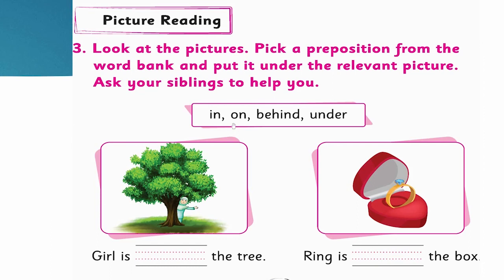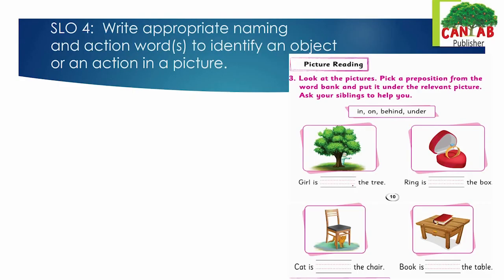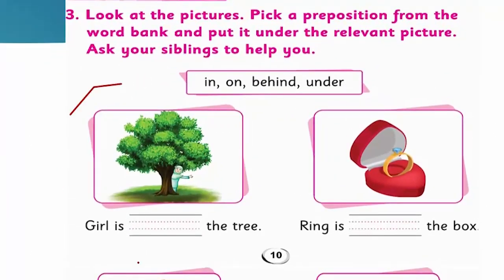The words given inside the box are in, on, behind, under. There's a girl, there's a ring, there's a cat, there's a book. All of these pictures, you have to identify the preposition for the noun in the picture. So let's look at picture number 1.